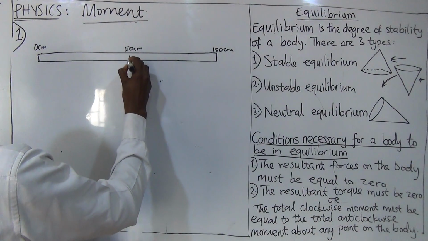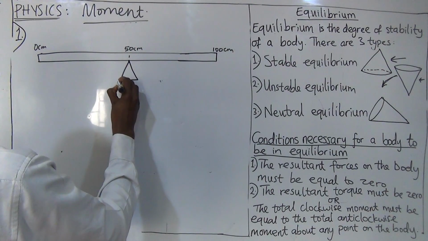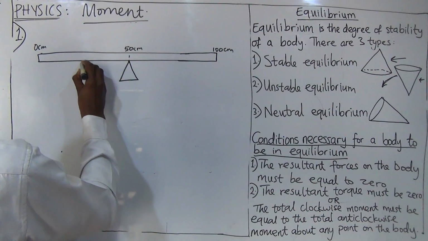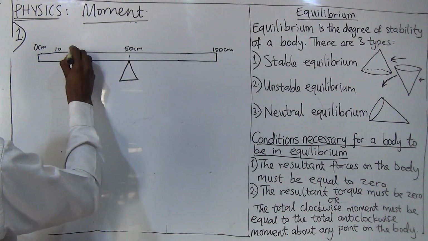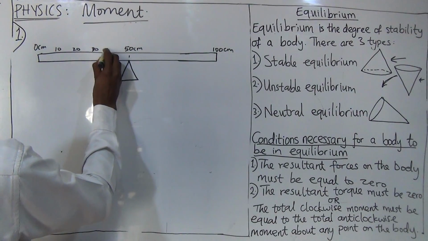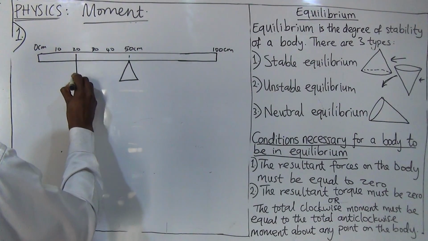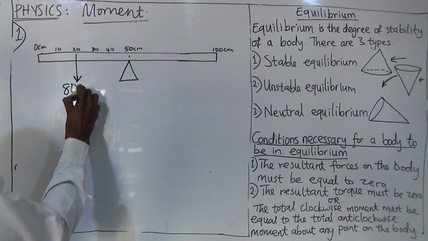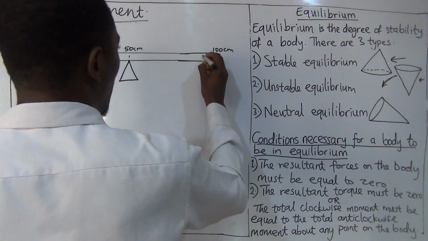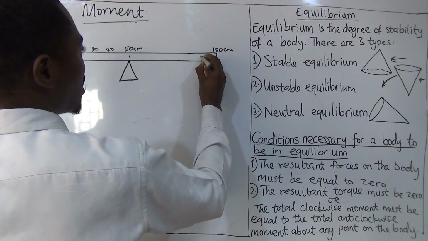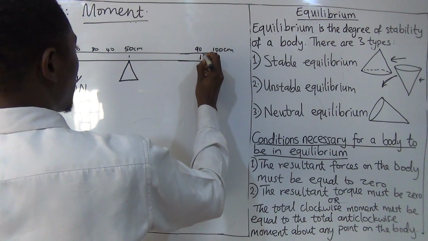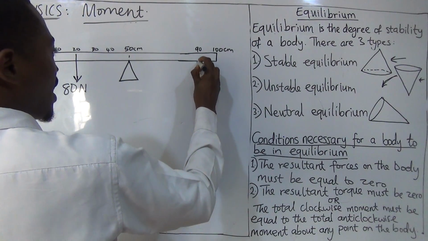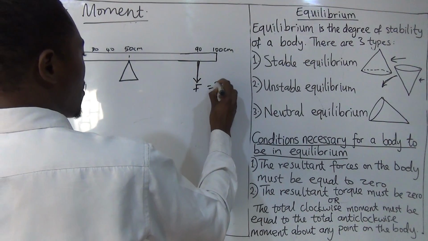Now, if you place a knife edge at this point, and it balances horizontally, and you apply a force of 80 Newton at the 20 centimeters mark, then calculate the force that must be applied at the 90 centimeters mark.